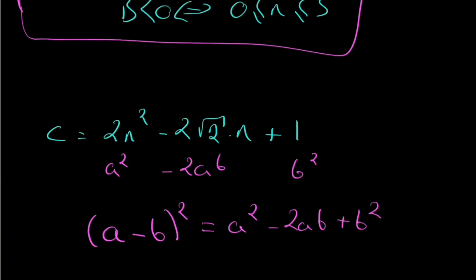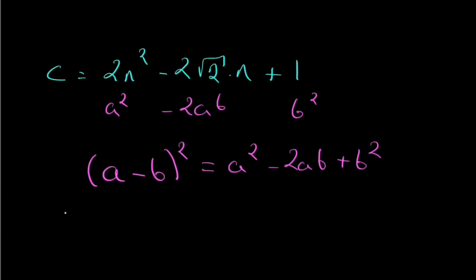And let's identify. So if we have a squared here, we will have c is equal to (square root of 2n minus 1) squared, since 1 squared is equal to 1.